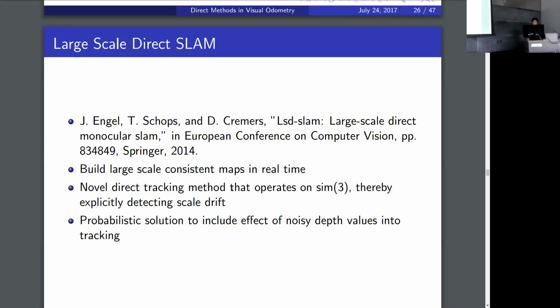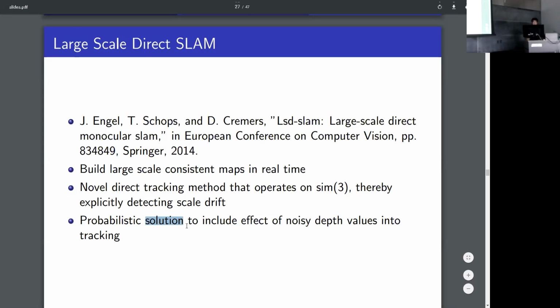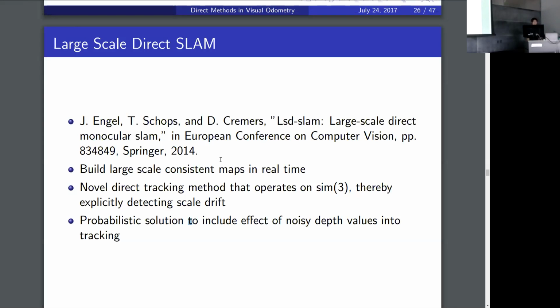And the last contribution was the probabilistic solution to include noisy depth measurements. So similar to the previous paper, it's trying to come up with a probabilistic method of estimating the depth.